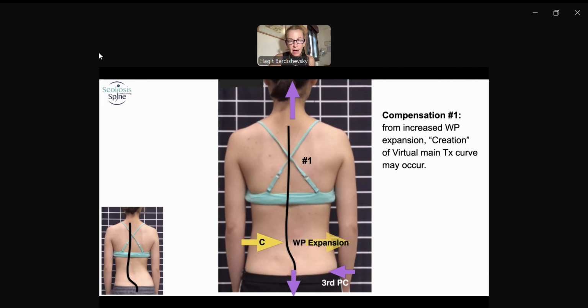As they expand the weak point, moving the lumbar from left to right, we unfortunately see that patients start to give themselves a thoracic curve. It's really virtual. It's a creation, a compensation. These are not really double curves, they are single curves.